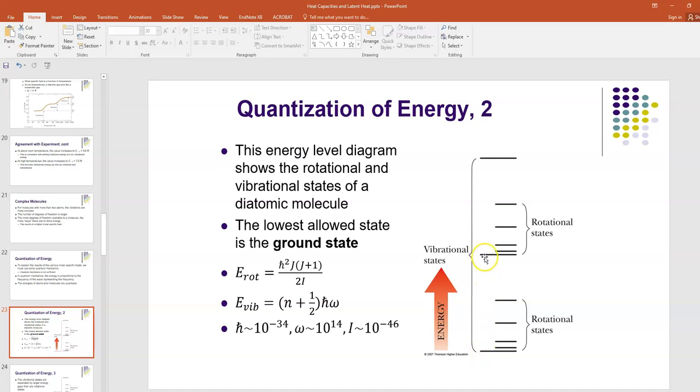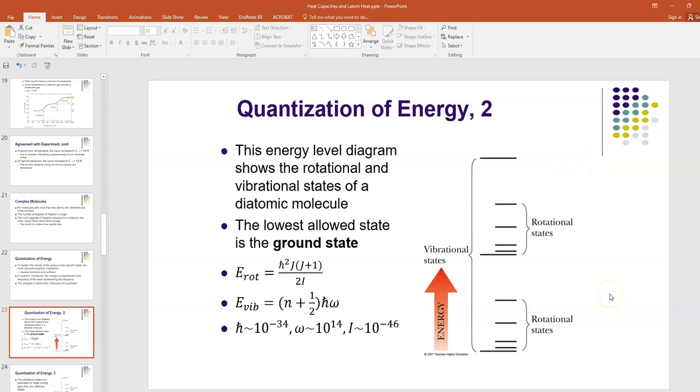That's a lot more energy. And so it takes a lot more heat to unlock vibrational degrees of freedom than it does rotational degrees of freedom. At high temperatures, like 1,000 Kelvin or so, those vibrational energy states become unlocked, and the molecule's free to vibrate.